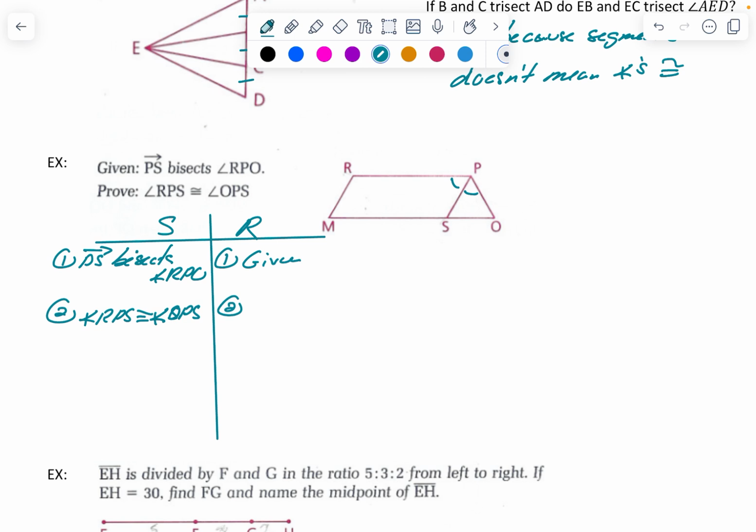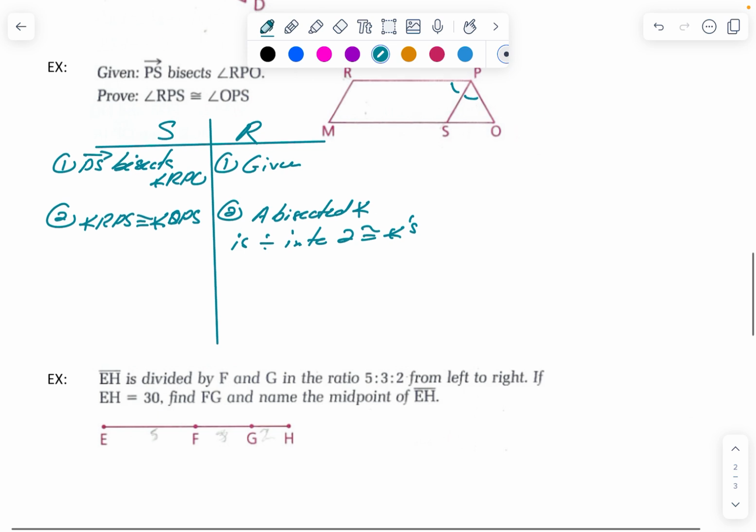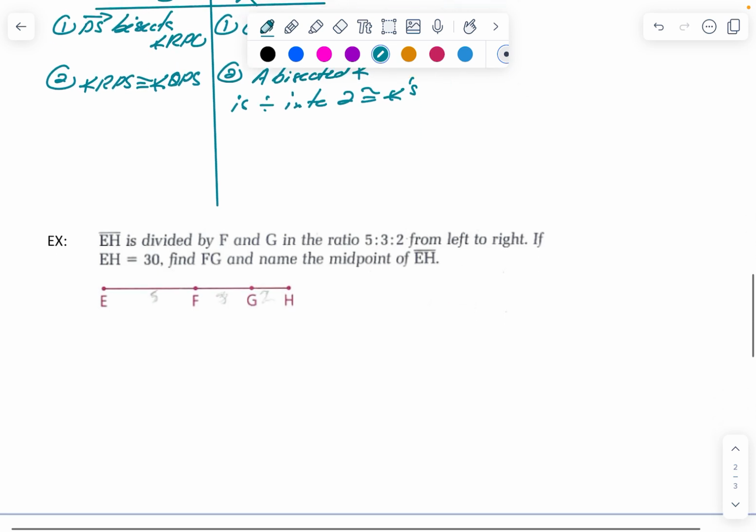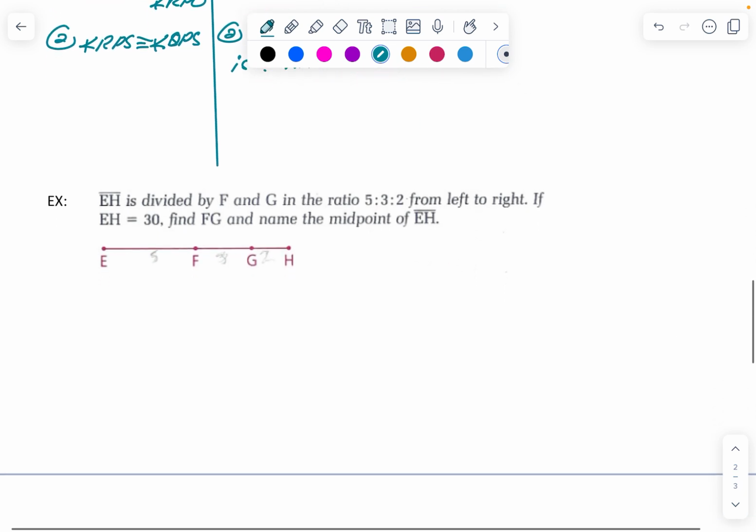And this is a bisected angle is divided into two congruent angles. So basically, you'd say if an angle is bisected, then we know it's divided into two congruent angles. And it's basically how we defined an angle bisector.